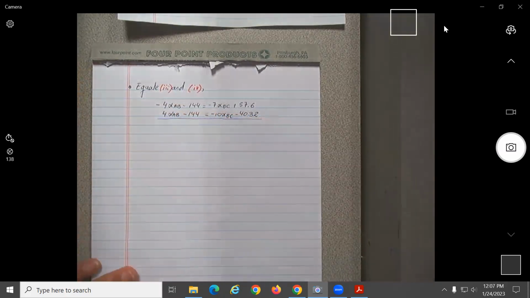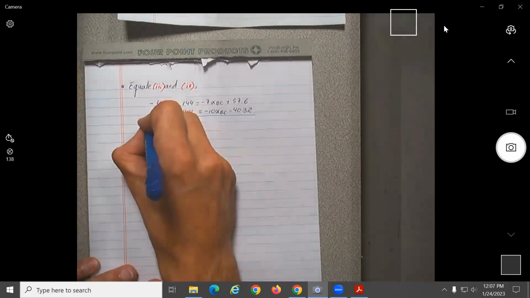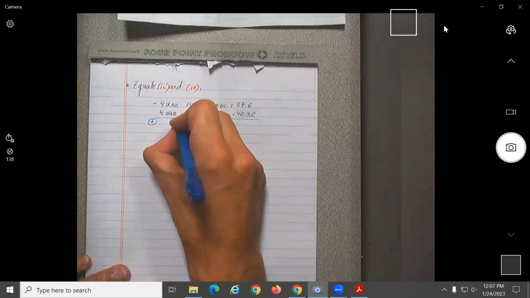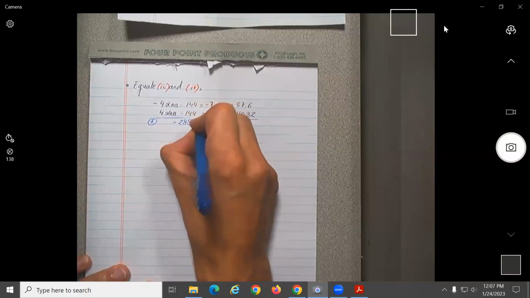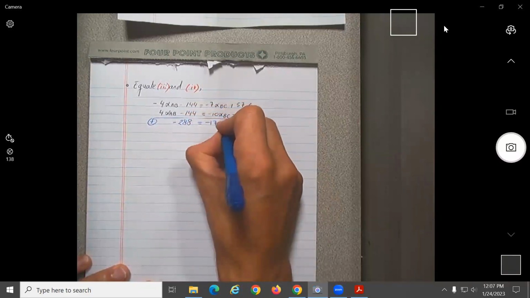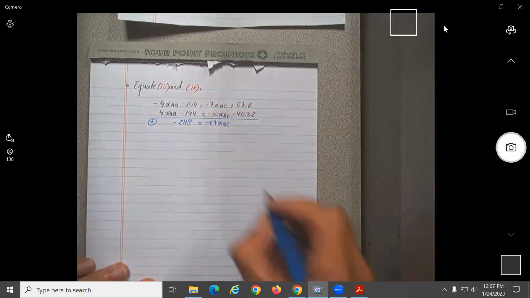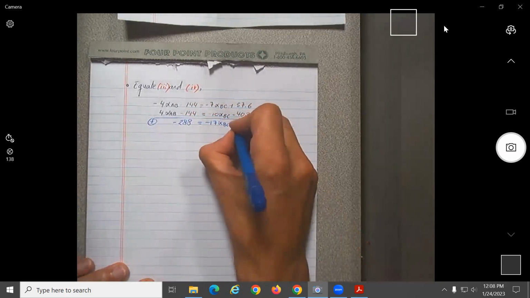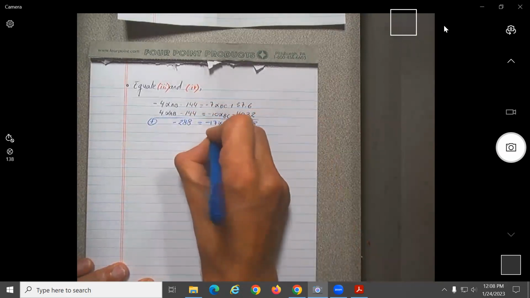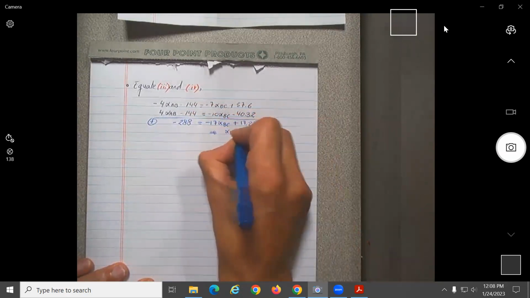Again, what do we have? Two equations with two unknowns. You can solve it any way you want, no? But if I do this, you're going to have to help me anyway. So minus 288 will be equal to minus 17 alpha BC plus 17.28. So now you can just give me the result for alpha BC.